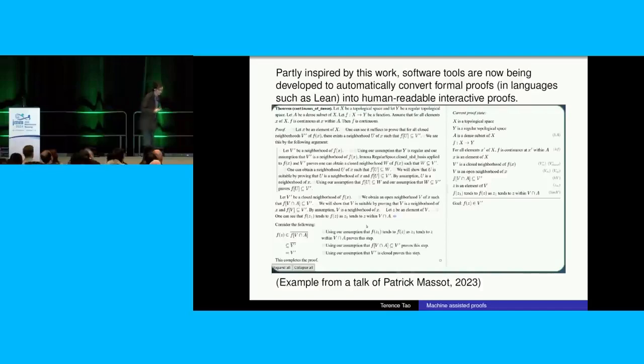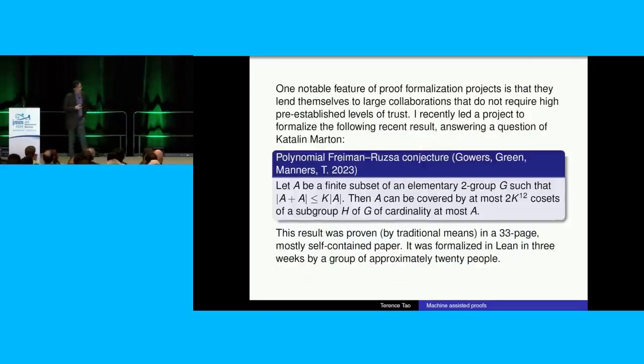I think eventually this is maybe a good format for undergraduate textbooks, to have proofs of tricky theorems in analysis written not in a static way, but where you can really drill all the way down to the basic axioms if you wanted to.